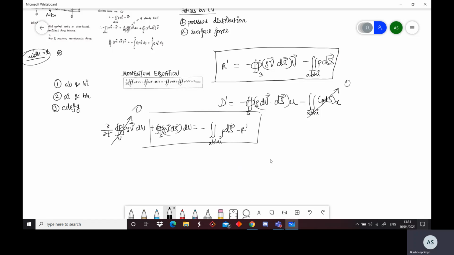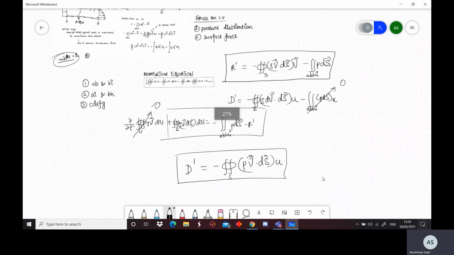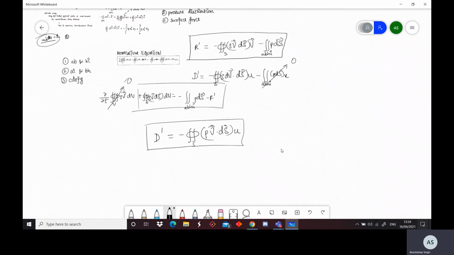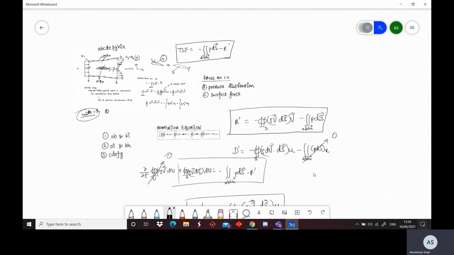So what we remain with is a very simple equation: drag per unit span is equal to the surface integral of rho V dot dS times U, which is our horizontal direction. This is the final integral equation, and we will further simplify it. That will be the third step of the problem. So far, the first step was to define the control volume and find the pressure distributions.